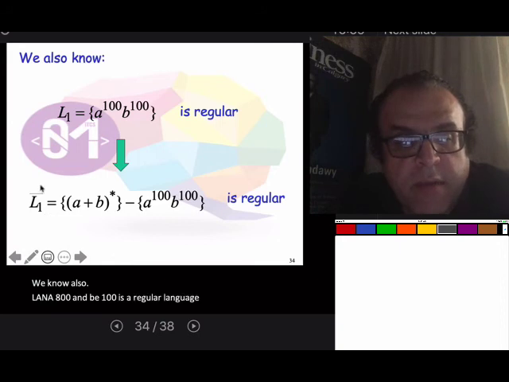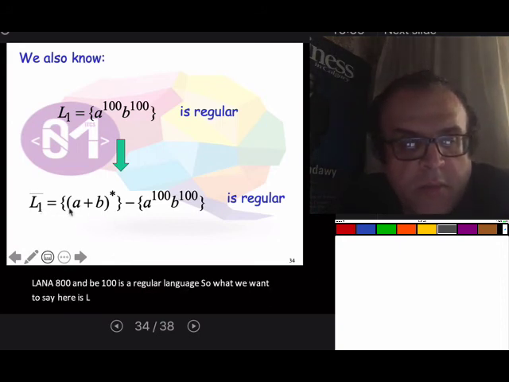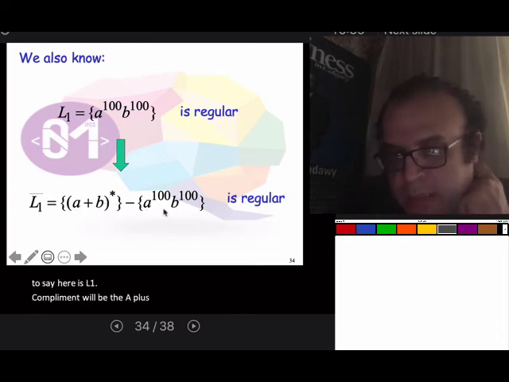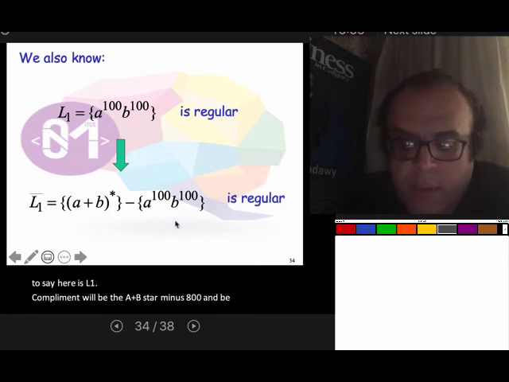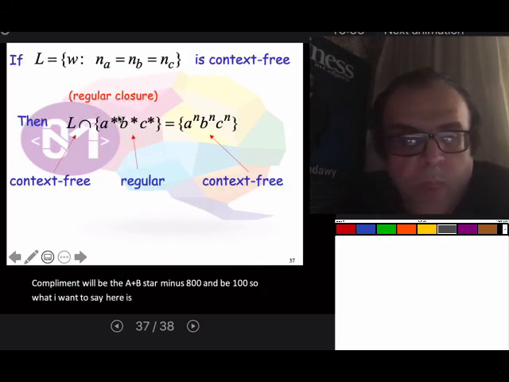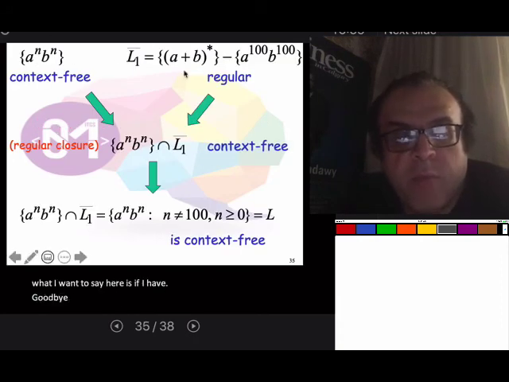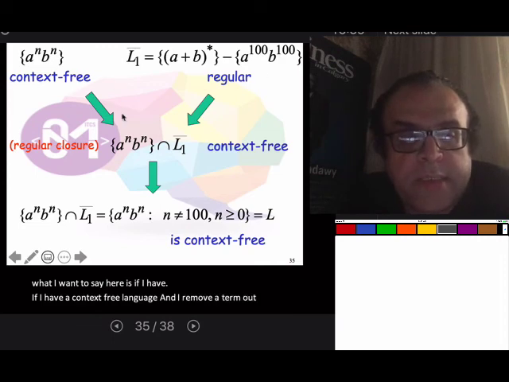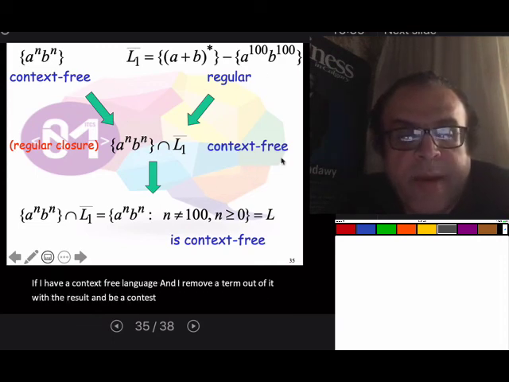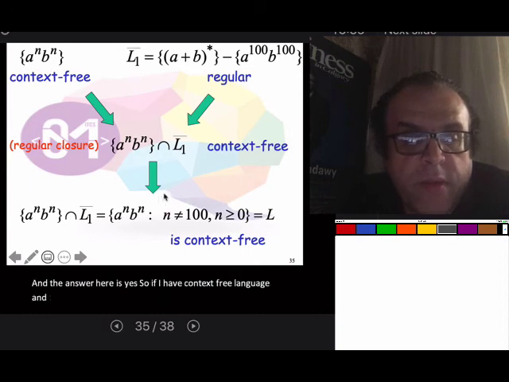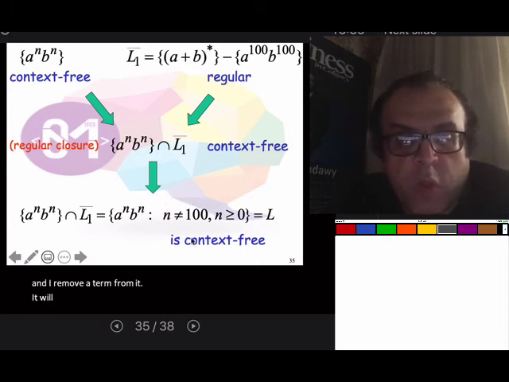So what we want to say here is that the complement of L1 will be (a+b)* minus a^100 b^100. So if I have a context-free language and I remove a term out of it, will the resultant be a context-free language? And the answer here is yes. If I have a context-free language and I remove a term from it, it will still be a regular closure and it will continue to be a context-free language.